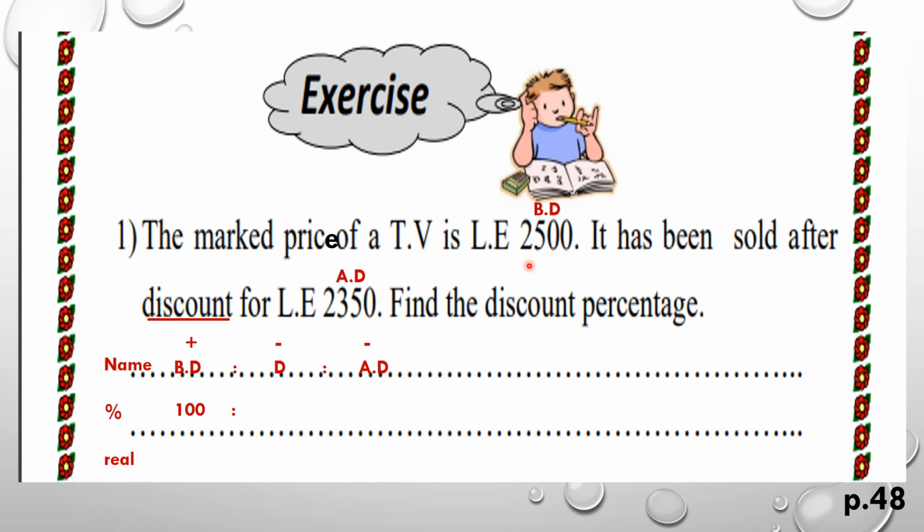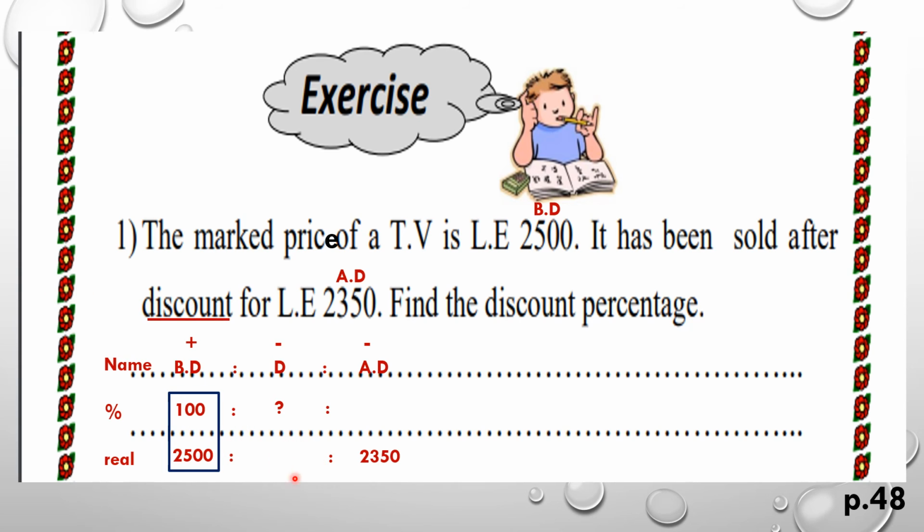Now, 2500 should be put under before discount. 2350 should be put under after discount. Our question mark should be put under discount percentage. Do we have a completed column? Yes, we have. But do we have a completed cross? No, we don't.